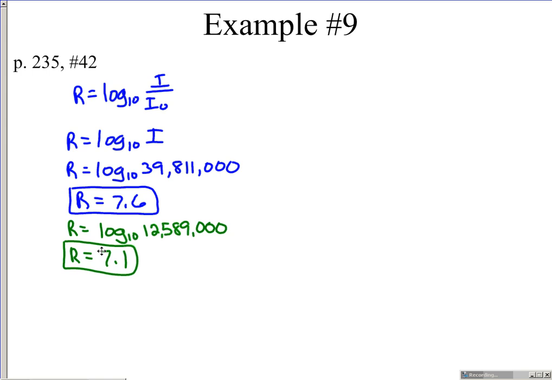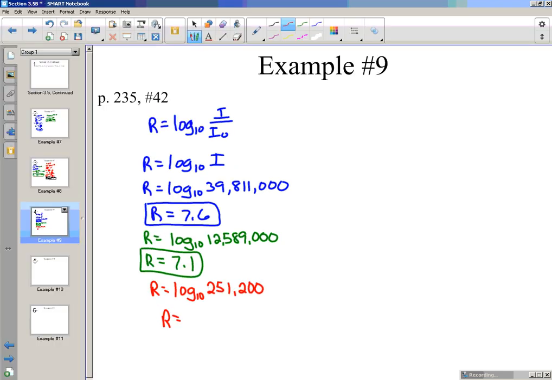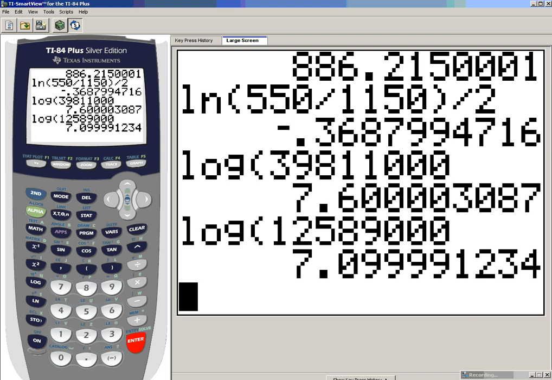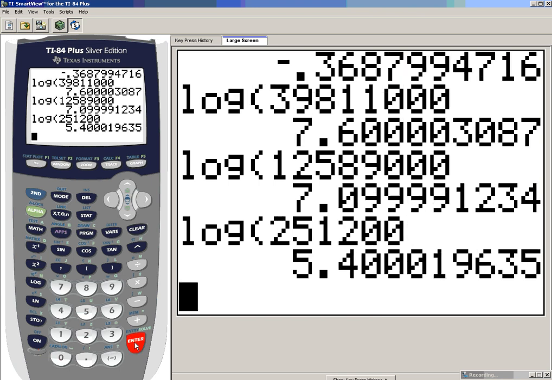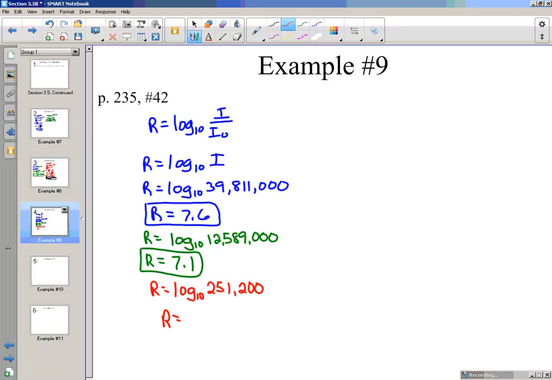If we look at letter C, 251,200. Log base 10 of 251,200. Plug that into your calculator. You see that that Richter scale measure is 5.4.